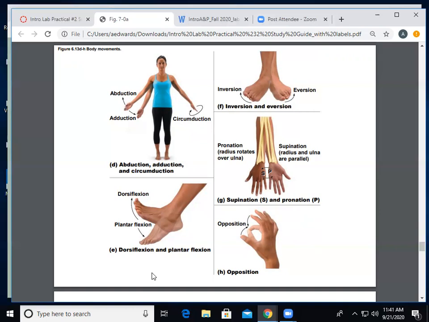So pronation, supination, pronation, supination. Now, one of the features of being advanced animals, we have opposable thumbs. Only a few species have opposable thumbs. What that means is you can press your thumb against your fingers. That's called opposition.